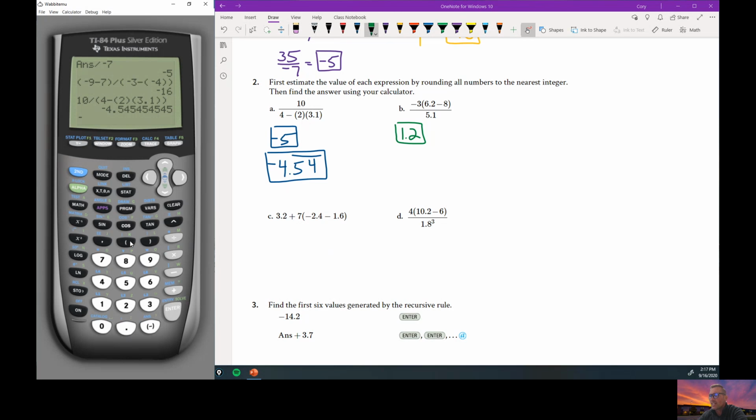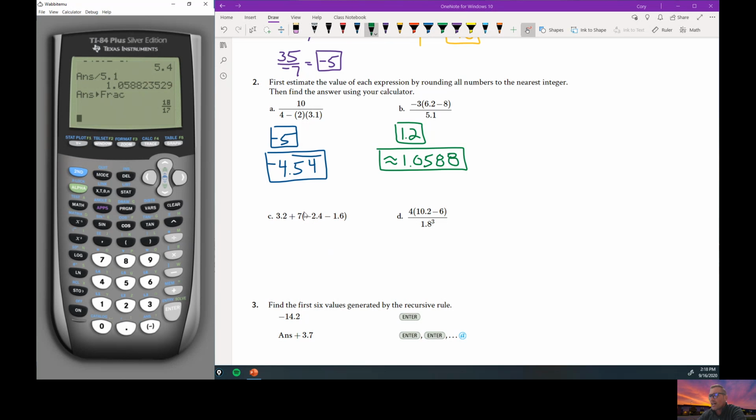Let's figure out what it is exactly. -3 times 6.2 minus 8, and then divided by 5.1 comes out to 1.058. About that. If we convert that into a fraction, 18/17, whatever. Let's just go with the rounded decimal.